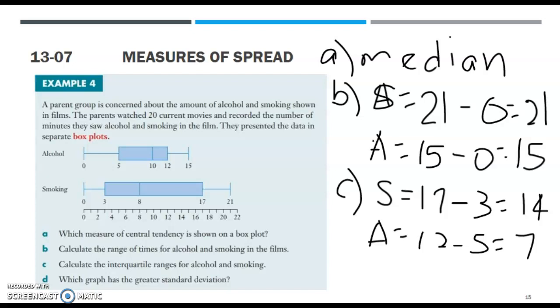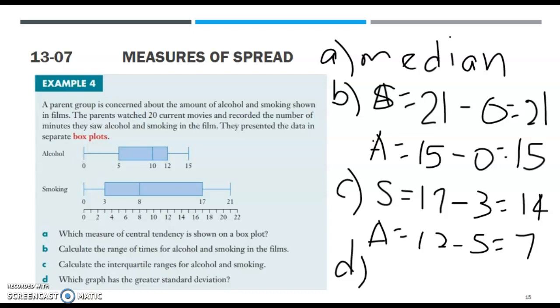Calculate which graph has the greatest standard deviation. Now we can't actually read standard deviation from these graphs, but we can see from the graphs that the smoking one has a much longer line.